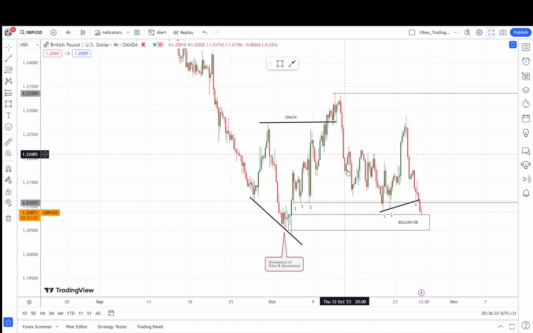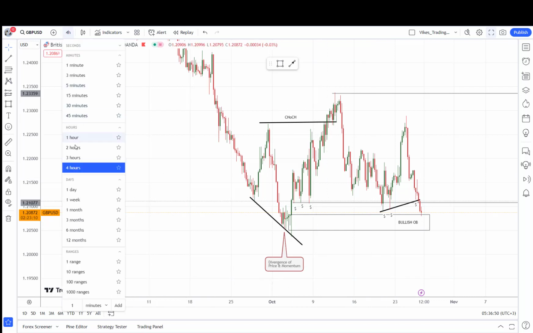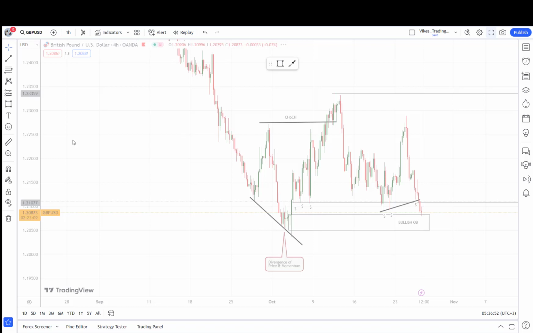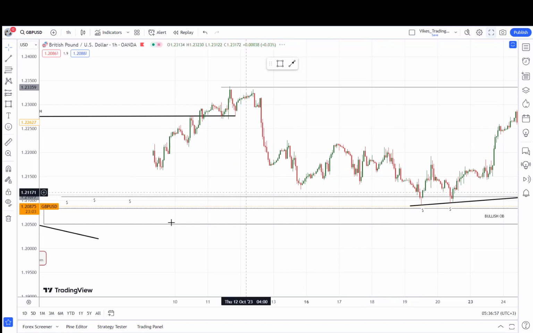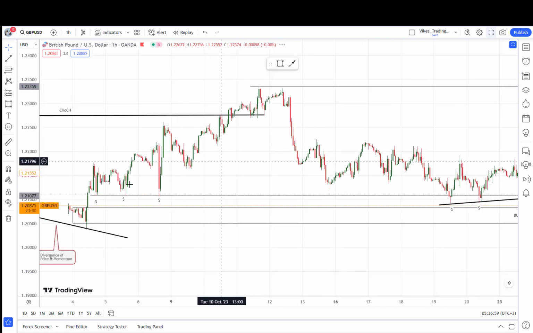So we saw price retracing back, came, formed a low, a high, a high, a low, high. We can see some choppiness here. If you go to smaller time frames, like the one hour, you can see all the way here there are some three equal lows, meaning that most of the people taking bullish positions have put their stop loss around here.